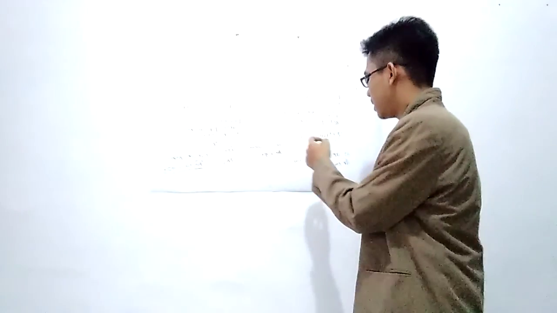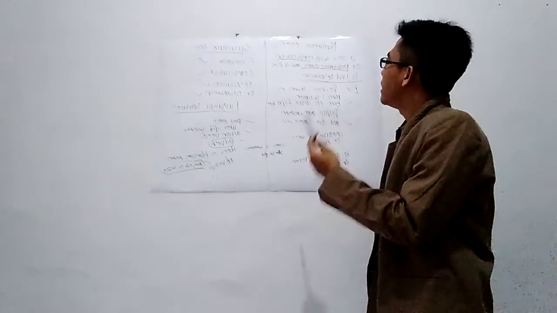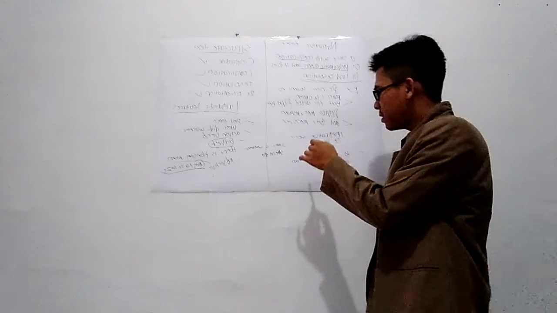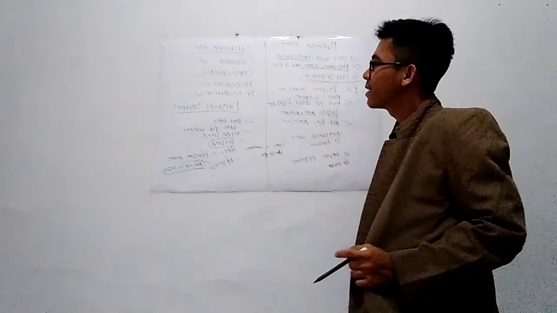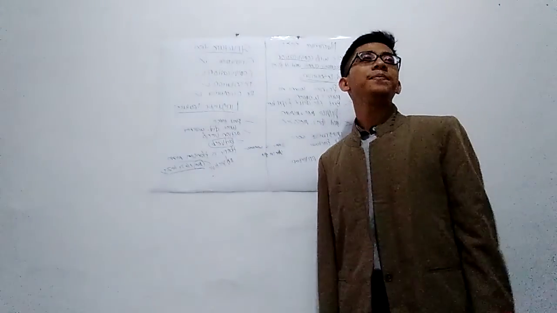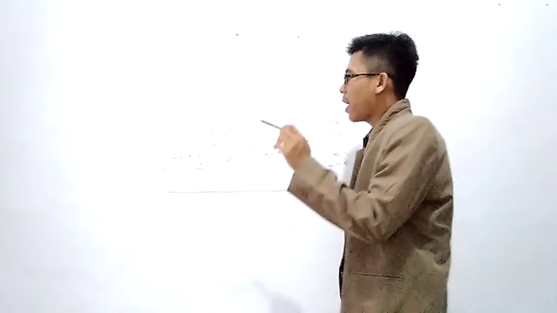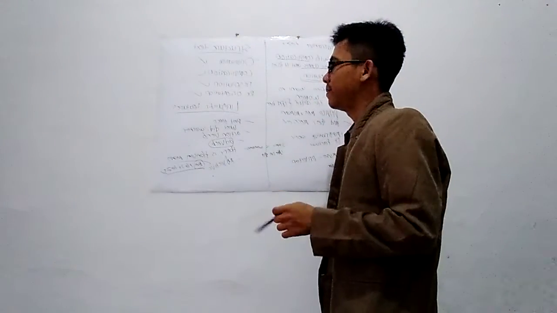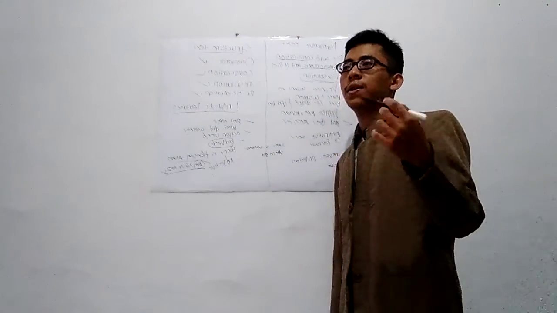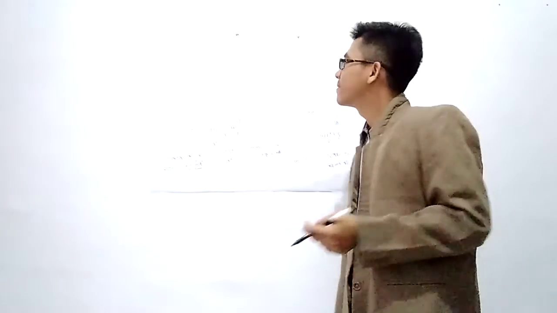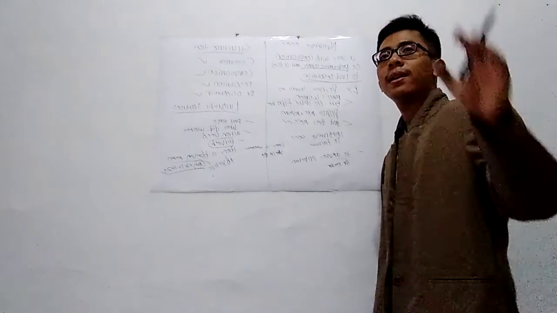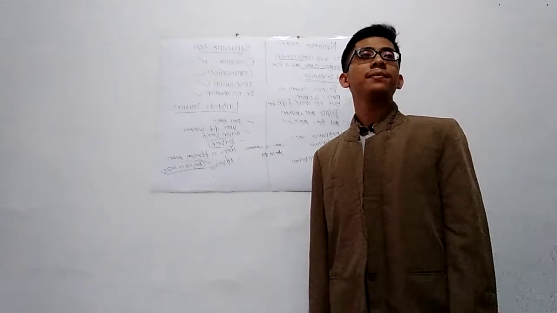So the function of narrative text is to amuse or entertain the reader. Okay, any question again? Yes. You have to use past tense because we tell about the past event. Okay. Anyone to ask? Clear? Okay.